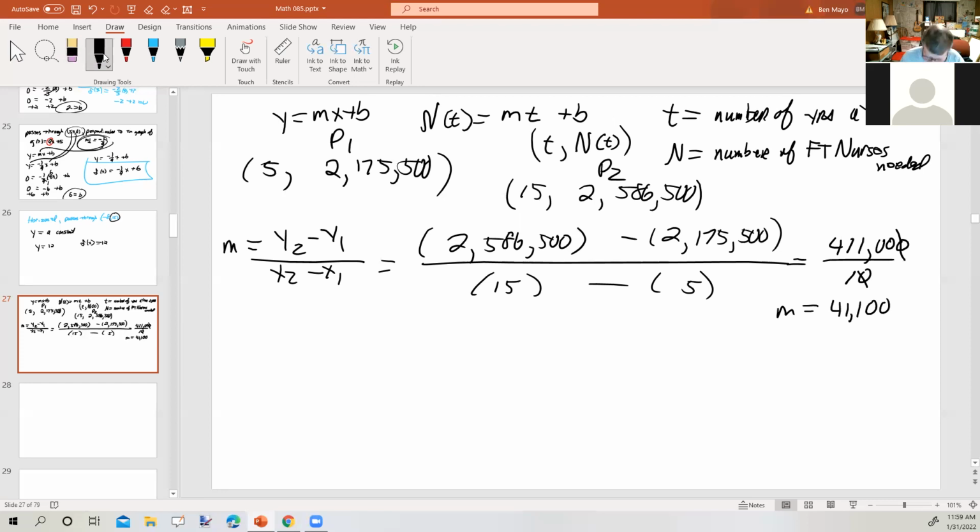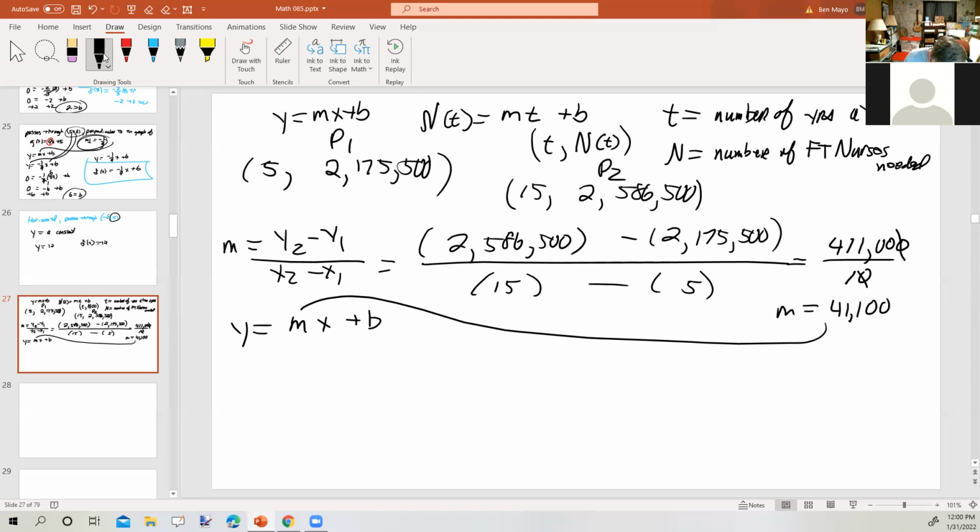So now I know the slope, or the rate of change. Now using y equals mx plus b, 41,100 goes in the place of m. I'm going to take either one of these ordered pairs.